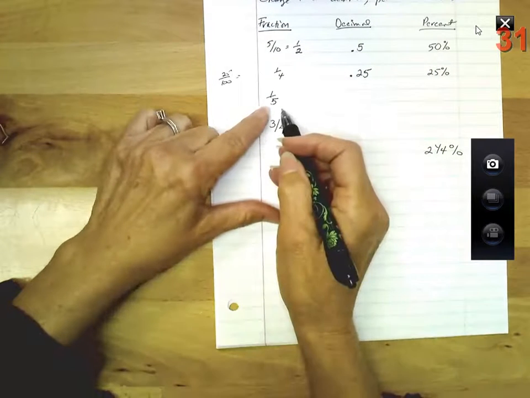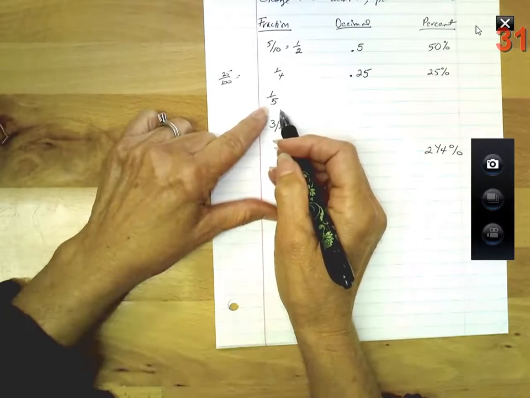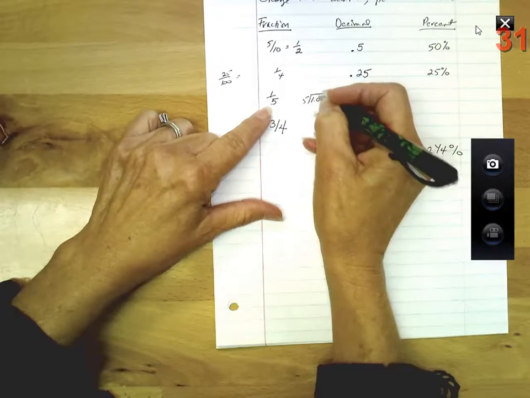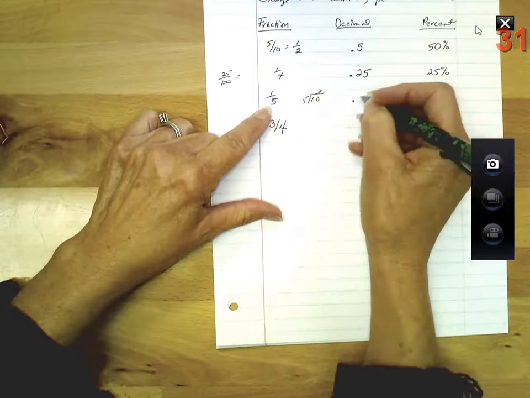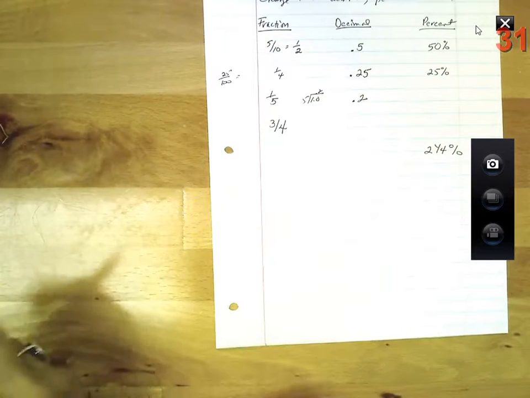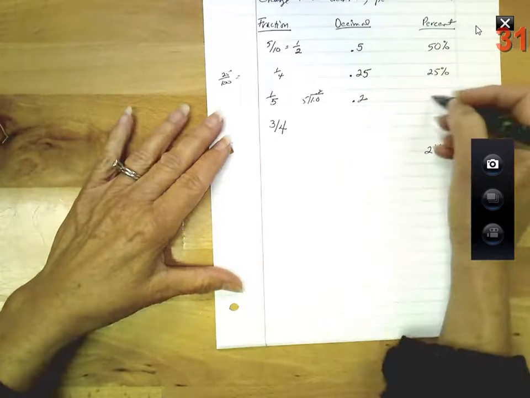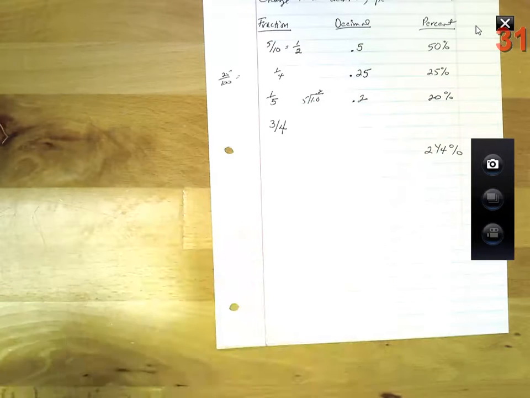What about a fifth? As a decimal, divide 5 into 1. So that's 0.2, or 2 tenths. And then as a percent, 20%.